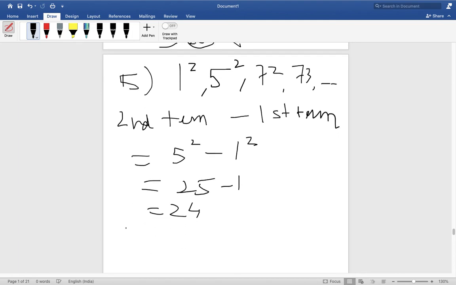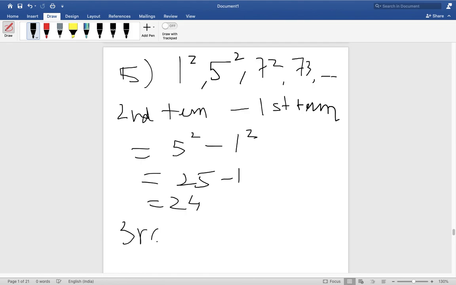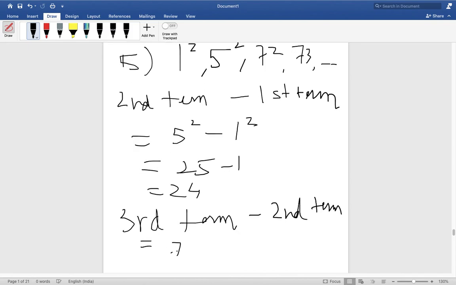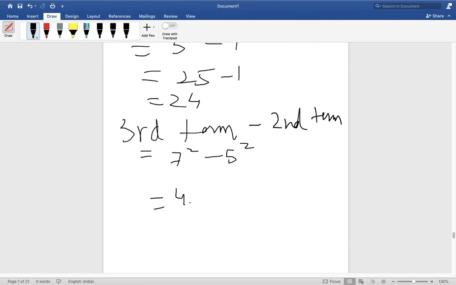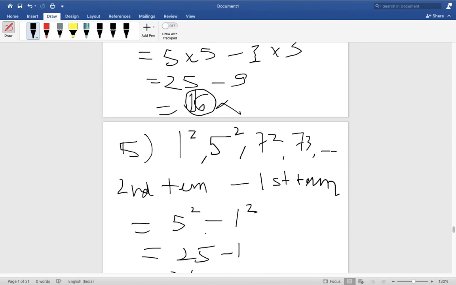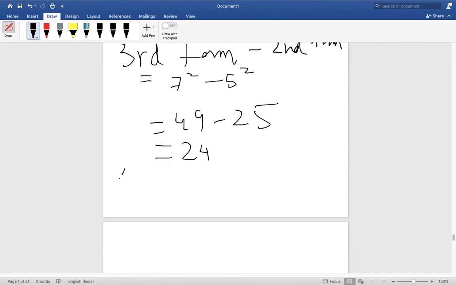Let us see what is up with the third term. Third term, this is telling me, is 7 square. Second term is 5 square. 7 times 7 is 49, 5 times 5 is 25. The difference is 24. Okay, the difference is the same. But let us examine the fourth term as well.